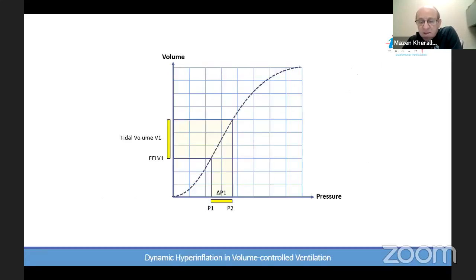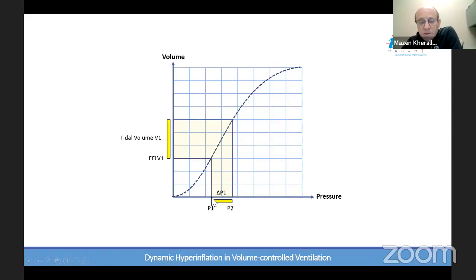It is a very deep concept. Not sure if I can explain it to you here. We can actually capture it. But what will happen is the following. This is volume control mode of ventilation. This is without Auto-PEEP. This is pressure, and this is volume. This is the compliance curve. The pressure goes from P1, which is the PEEP, to P2, the inspiratory pressure.